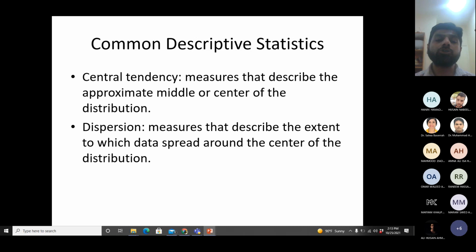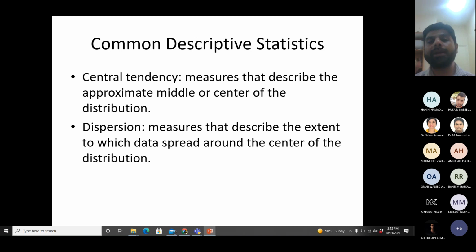So the most common descriptive statistics of spot speed data are of two types. Descriptive statistics means what? Statistics or numbers which are used to describe the data, the nature of the data. We call them descriptive statistics, and they are of two types: central tendency and dispersion.